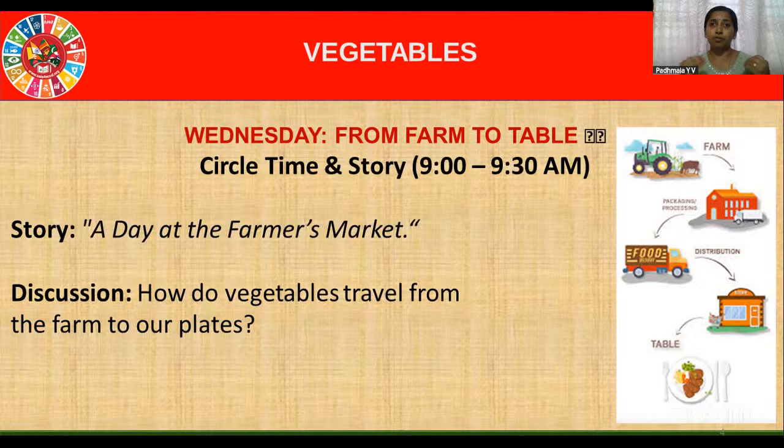They'll have to protect their farm like anything, like their family. Then it will come to the packaging and processing. Then the distribution will happen to the shops. From the shop, we are getting it. With a simple thing, we can explain it to the children like this.